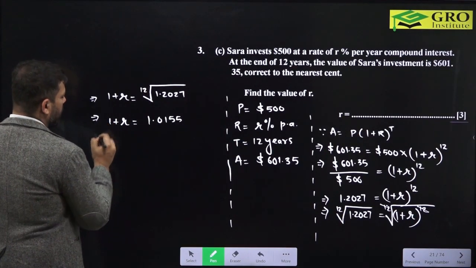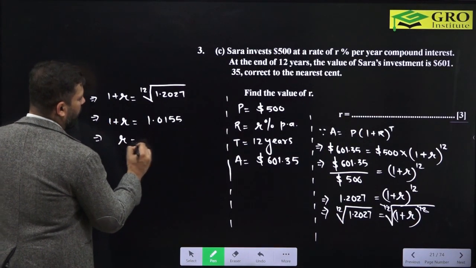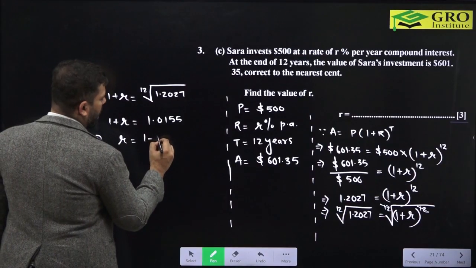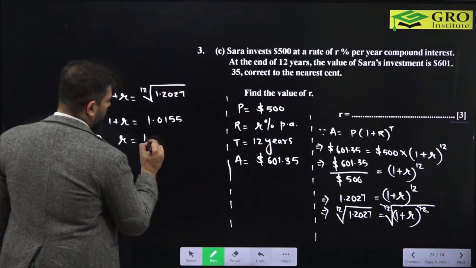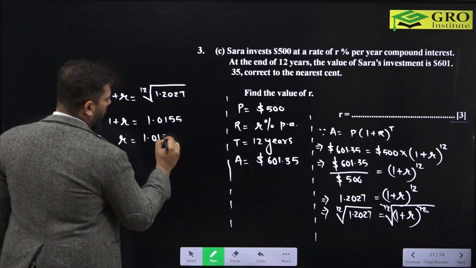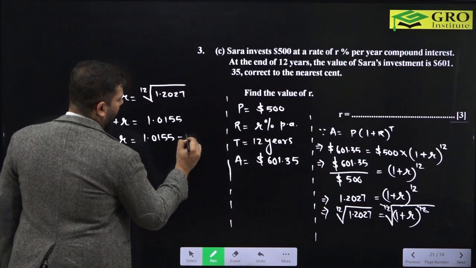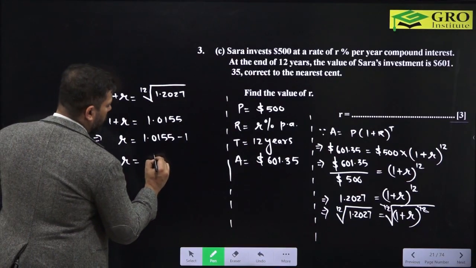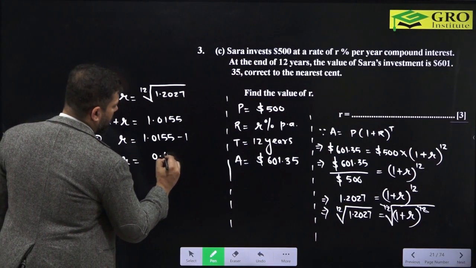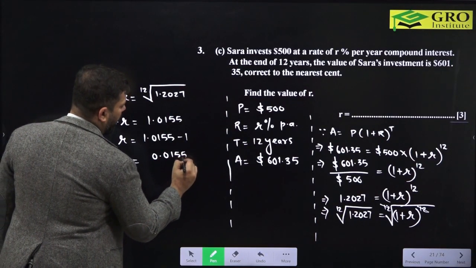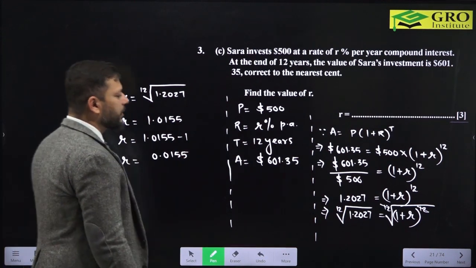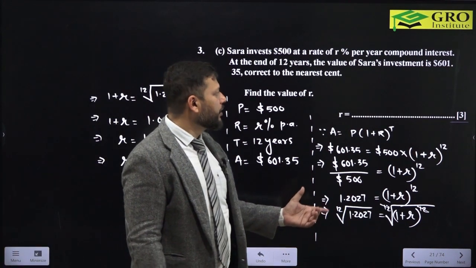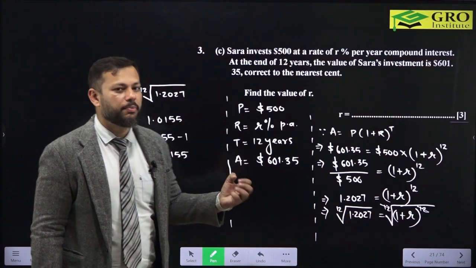So when we further solve it, this 1 will be transposed. So 1.0155 minus 1, that would result into 0.0155. This is the rate percent, guys. This is the R. We need to find out in terms of percentage.